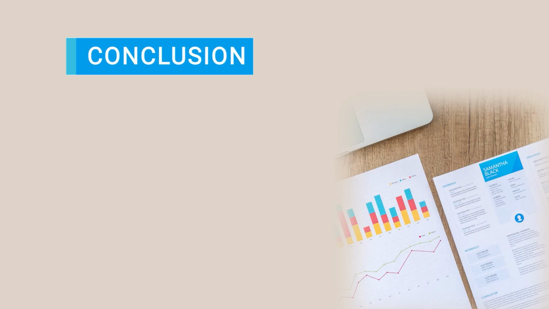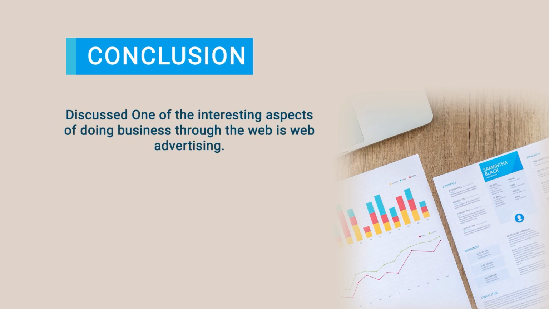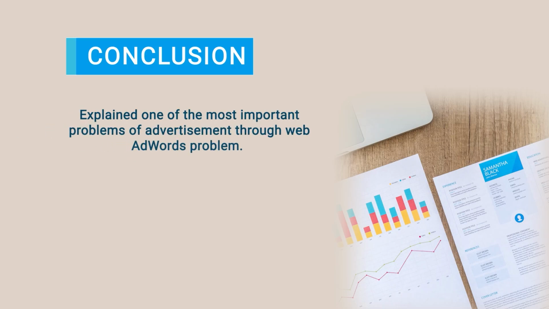So here we conclude. In this, we have discussed the concept of web analytics, which is based on a collection of information about a website to determine if the objectives of the website are met. And we have discussed the interesting aspect of doing business through the web using web advertising, and we are generating revenue by displaying the ad.